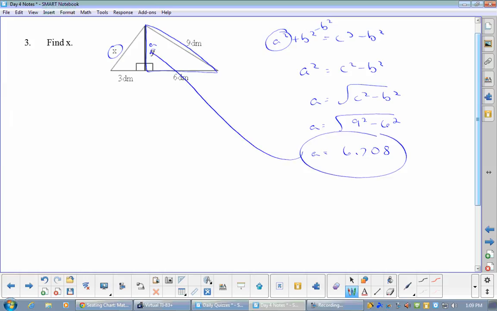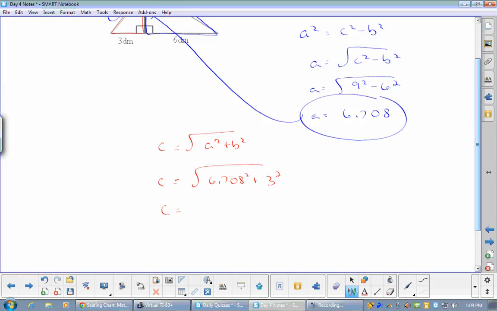Now which letter am I looking for now? C. So C, well, we know this one well enough. It's just A squared plus B squared, right? So C equals the square root. A is 6.708 squared plus B is 3 squared.